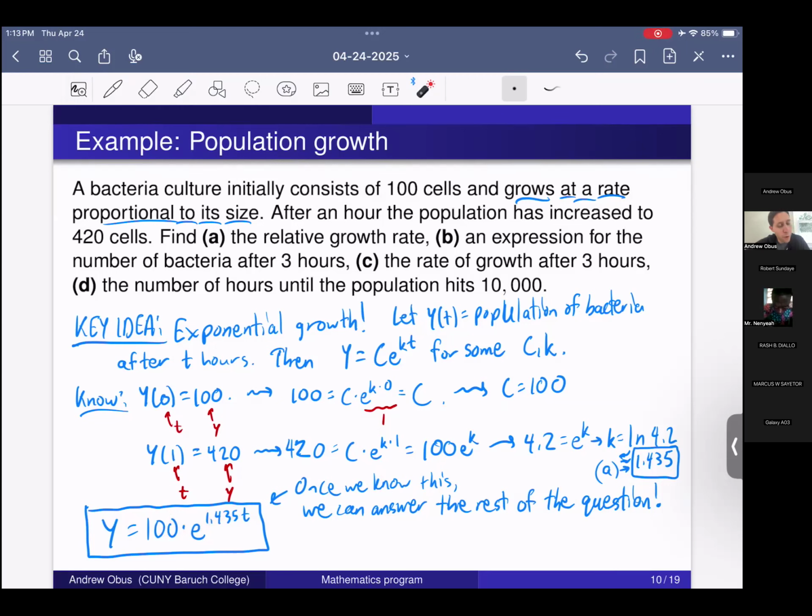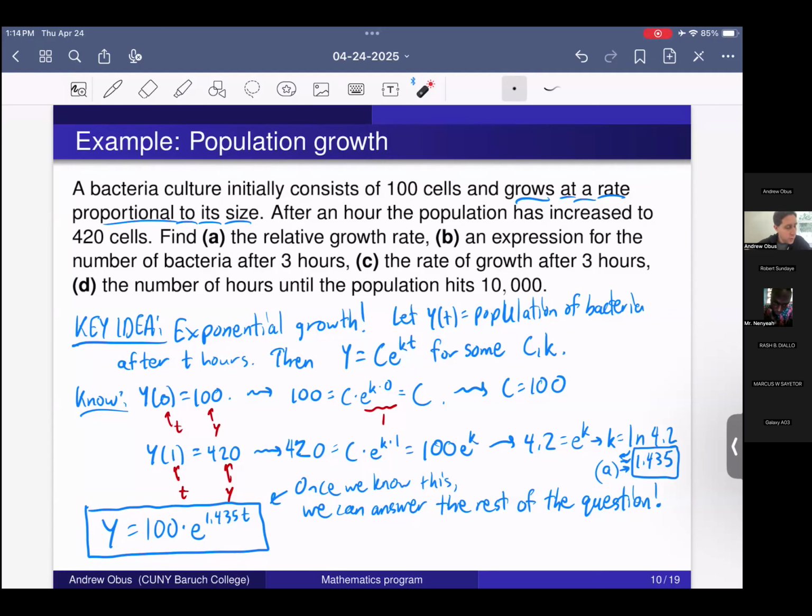It's 100 times e to the 1.435 t. Yeah, I think it's well understood to me.